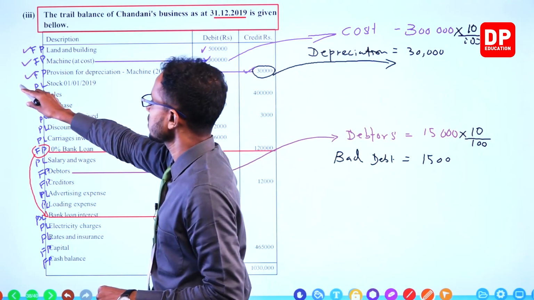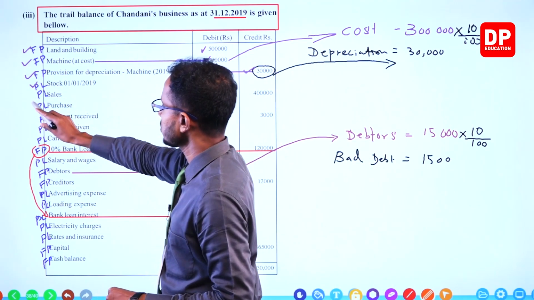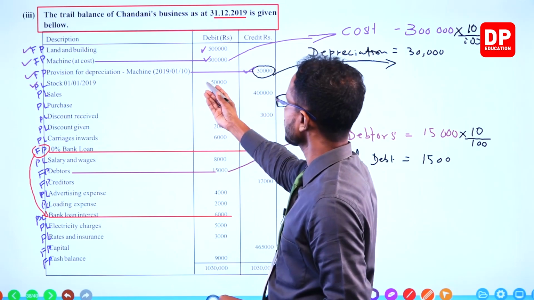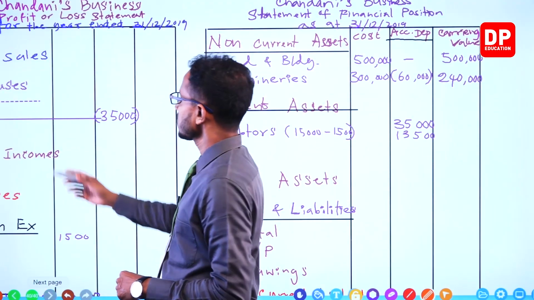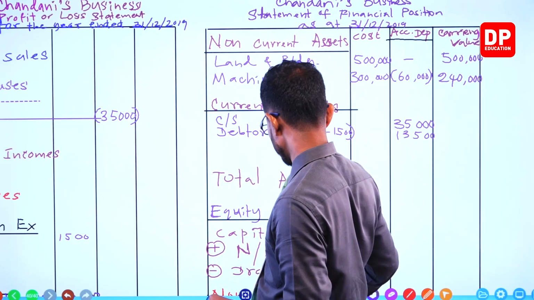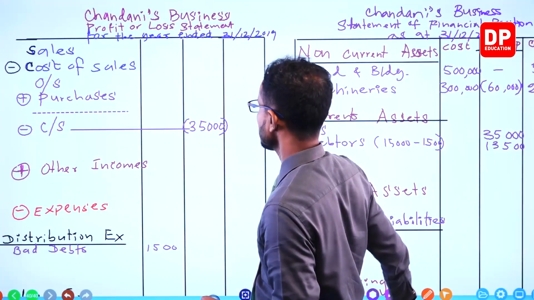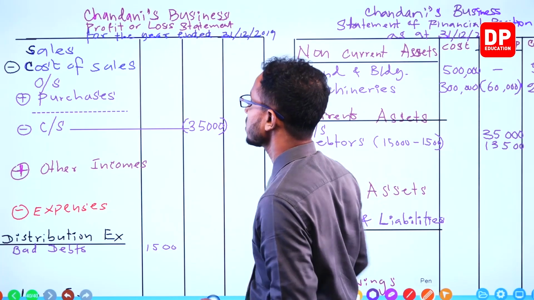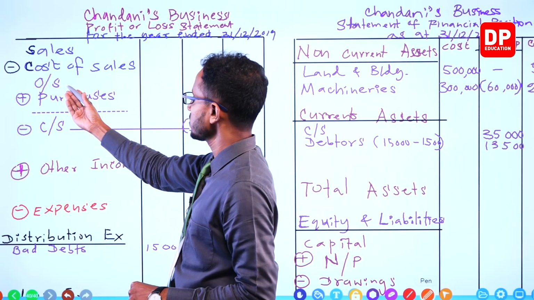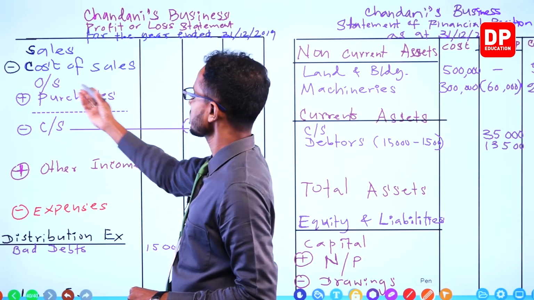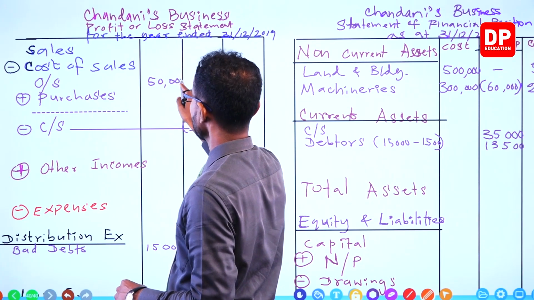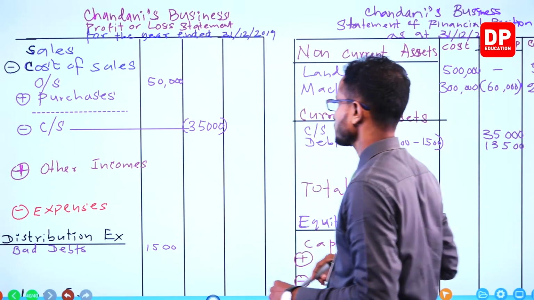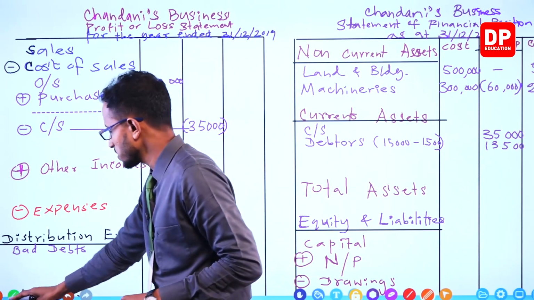Stock we have to take. Stock to the P&L, 50,000. Where is stock? That is the opening stock, guys. It's here in the P&L, 50,000. Put it in the first column.